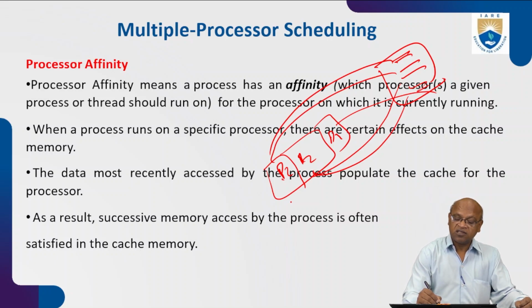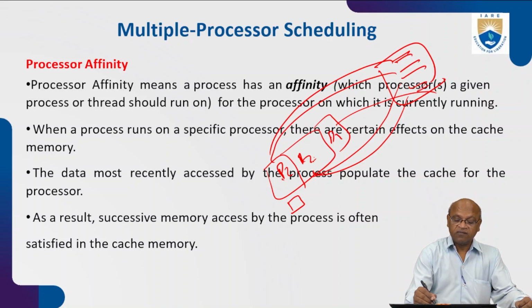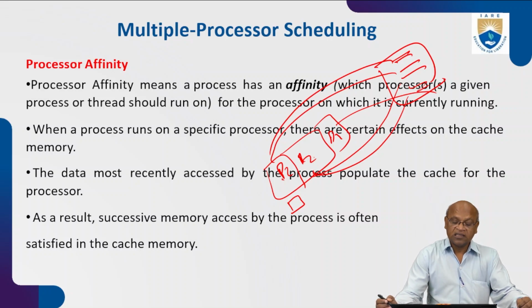As you know, there will be cache memory for each processor. That affects things, because one instruction may already be here, but another processor wants to use it, and then there will be difficulty. The data most recently accessed by the process populates the cache for the processor. As a result, successive memory accesses by the process are often satisfied in the cache memory.